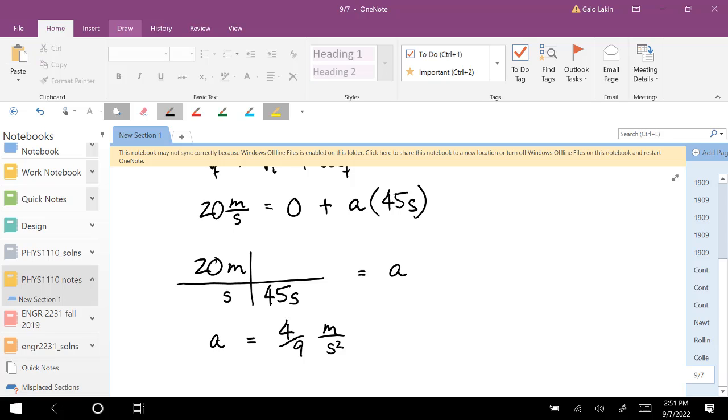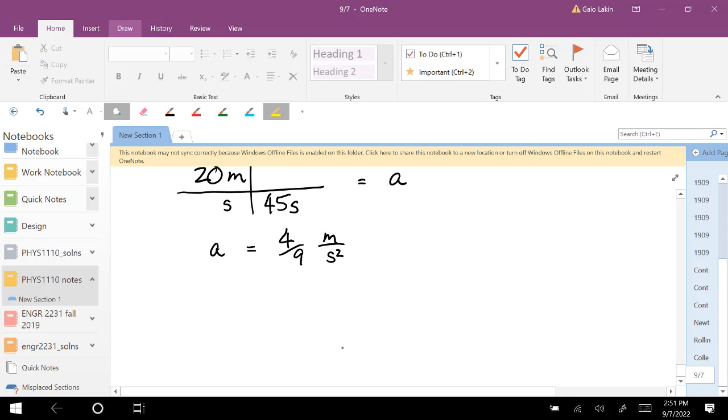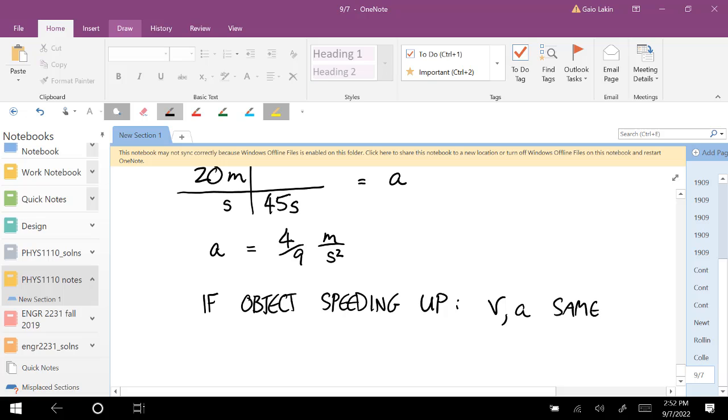From what you know about acceleration, so remember, well, let me write this again. In one of the lectures, it said that if an object is speeding up, velocity and acceleration have the same signs.